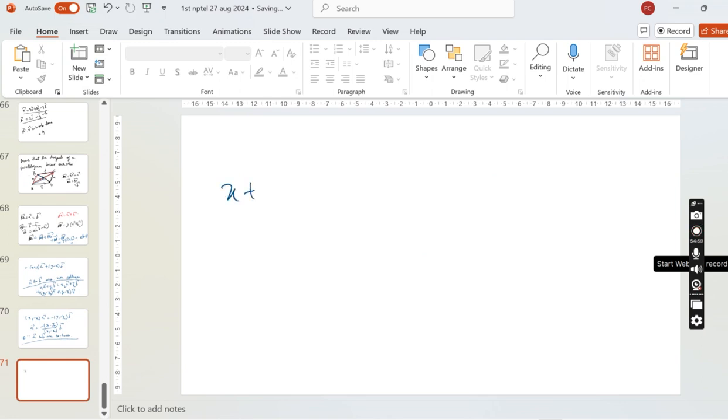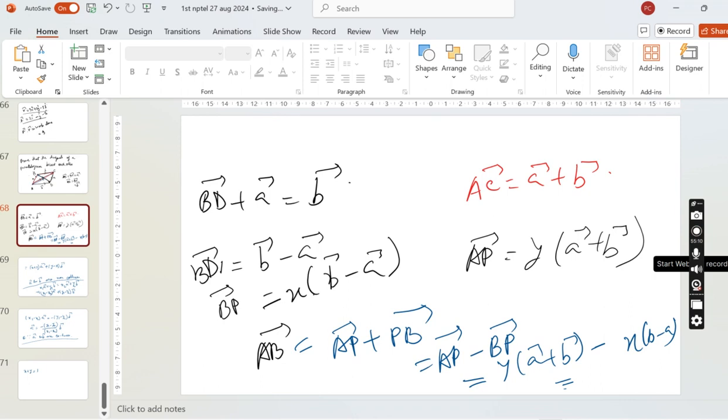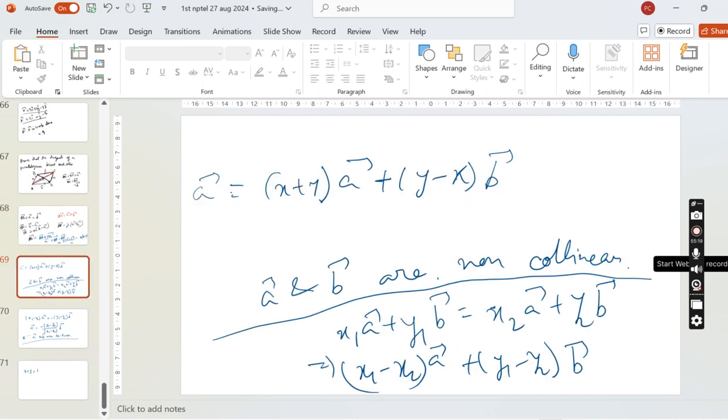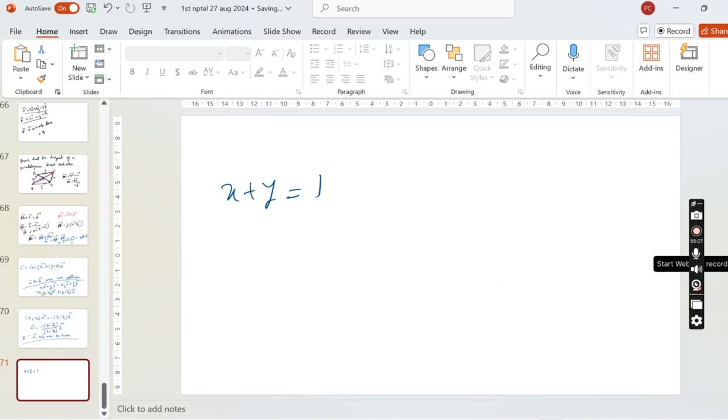Then x plus y is equal to 1. What is AB? AB is equal to a. So the coefficient of a will match with the coefficient of a and the coefficient of b will match with the coefficient of b. So the b coefficient is 0, so basically y minus x will be 0. From here we can see x is equal to y, and x is equal to y is equal to half.